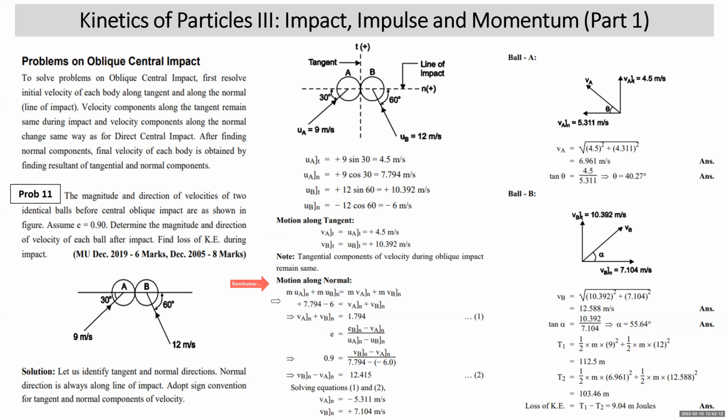Now we take motion along the normal. Here you have to consider only normal components, and solve the problem exactly as a problem of direct central impact, but with only normal components.